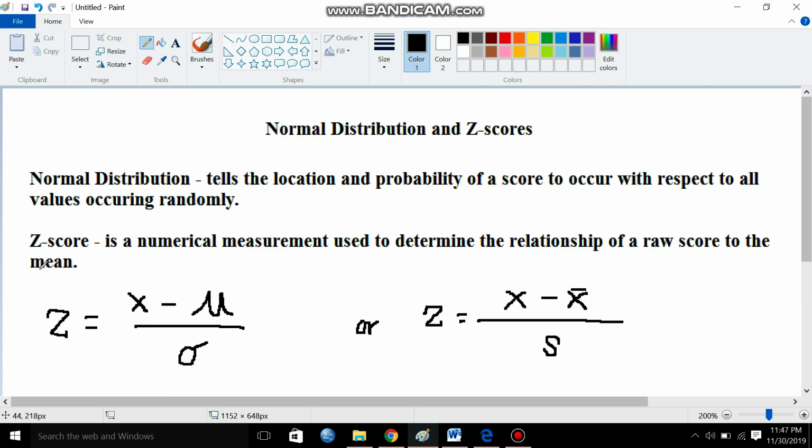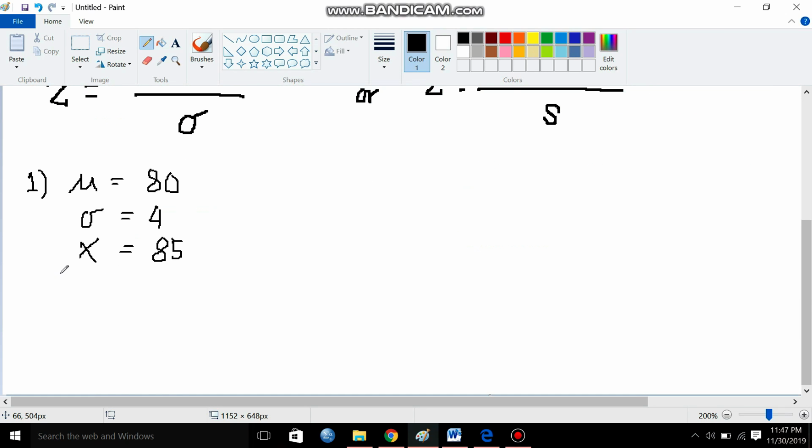of a raw score. Suppose you have a population mean which is 80, the population standard deviation is 4, and the raw score is 85.